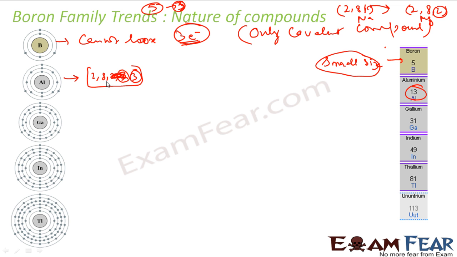Also, it can share, because there is no harm in sharing, right? All the compounds are a little mean. They want to take electrons also, they want to be stable also. So sharing and becoming stable is a better option. So it forms both covalent and, if required, ionic also.